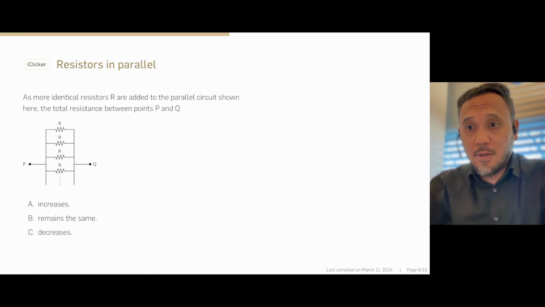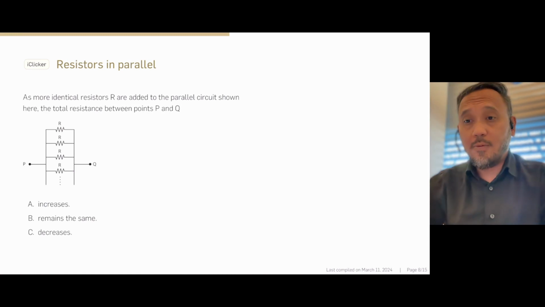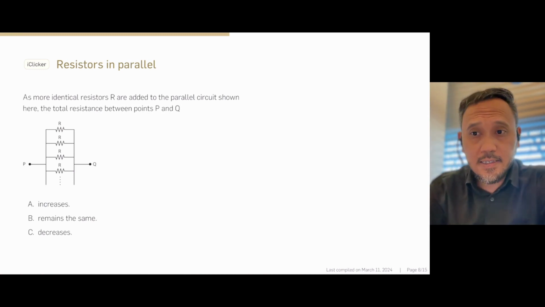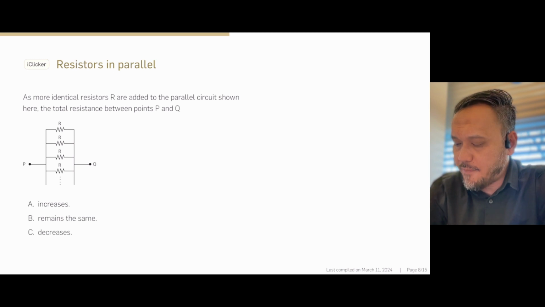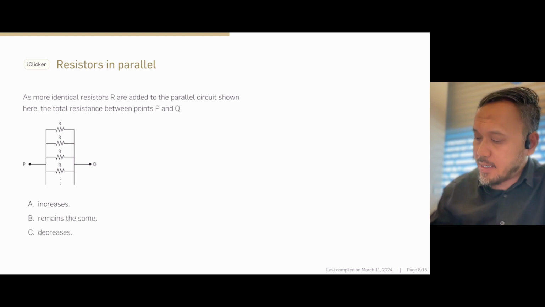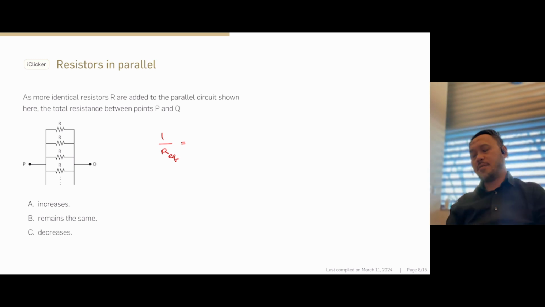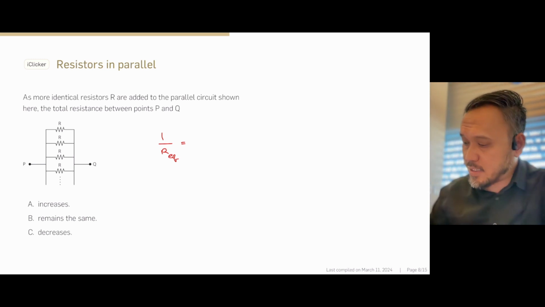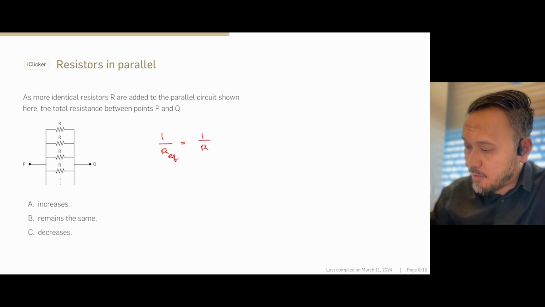What else did we do this morning? We discussed resistors in series and parallel, and then I showed you this problem. So basically, if we have resistors in parallel, then the inverse of the equivalent resistance is equal to the sum of the inverses.